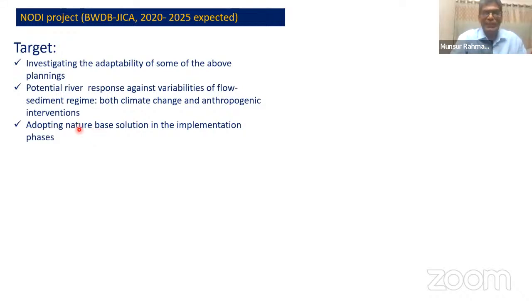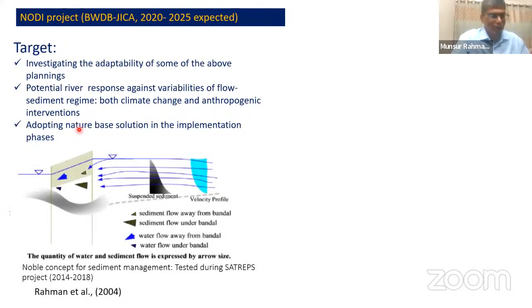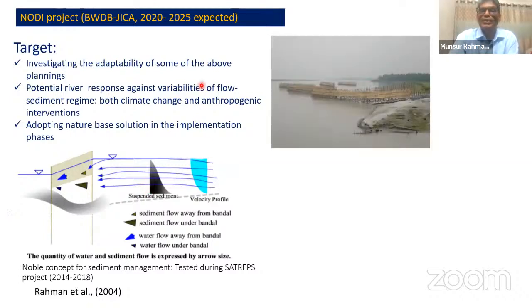So towards this, we had some previous work, like the development of nature-based solutions for river sediment management that we have been developing for the last 20 years. And it is planned to utilize some of the earlier attempts that we made in this river, where structures were implemented to control the natural river flow and the sediment flow, so that sedimentation can be ensured in the backside and a navigation channel can be ensured in the front side, using the natural forces of the river.